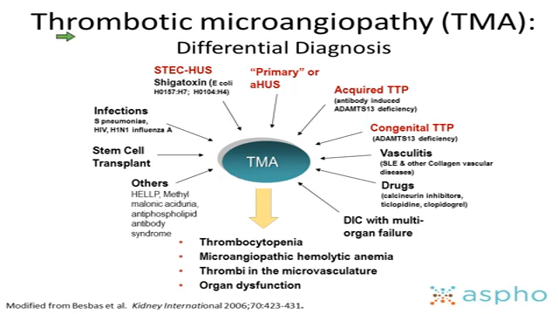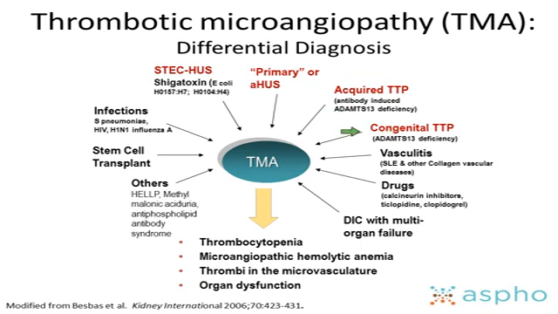Thrombotic microangiopathy really represents a category of diseases rather than a disease in and of itself. I have here shown the differential diagnosis of TMA, and I have listed in red some of the forms of TMA that are thought of as primary forms of TMA: Shiga toxin-associated HUS, primary or atypical hemolytic uremic syndrome, and both the acquired and congenital forms of TTP.